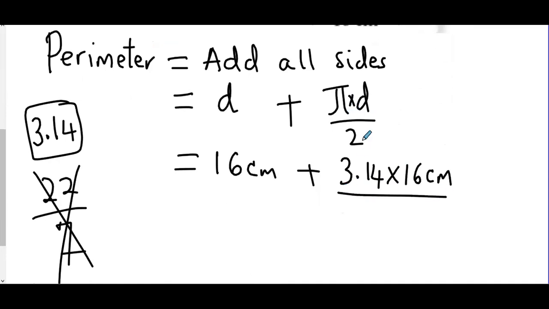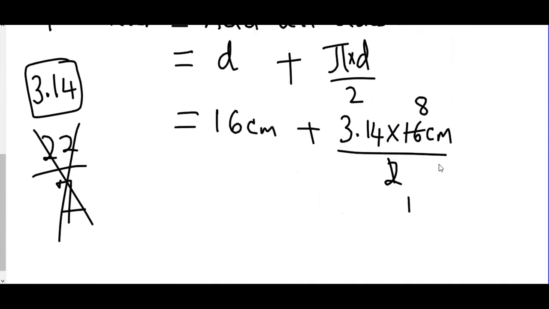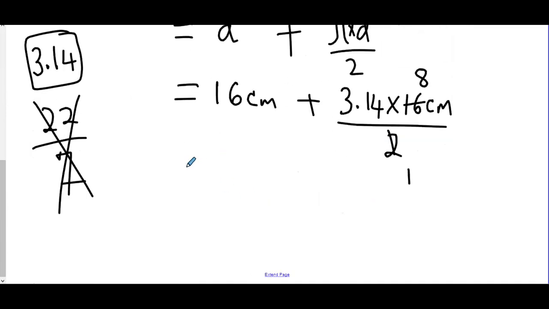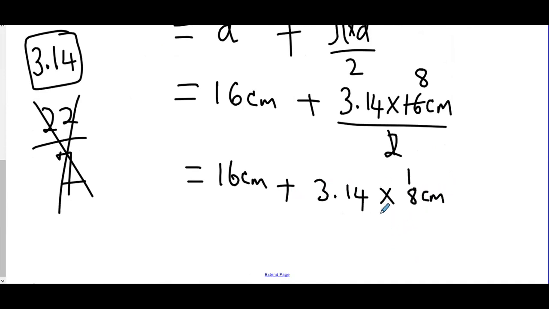The answer you get, you will need to divide by 2. Before I go further, 16 divided by 2 is 8. So this will be equal to 16 centimeters plus 3.14 times 8 centimeters. How do we move on from here?